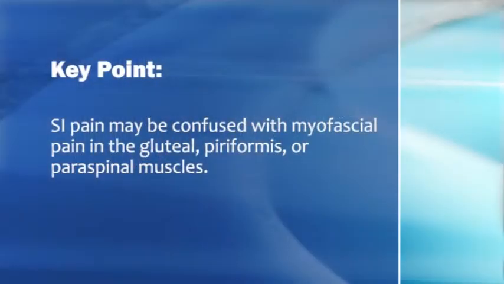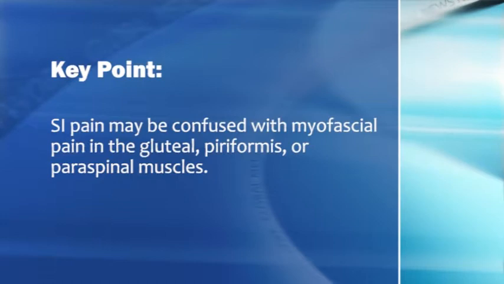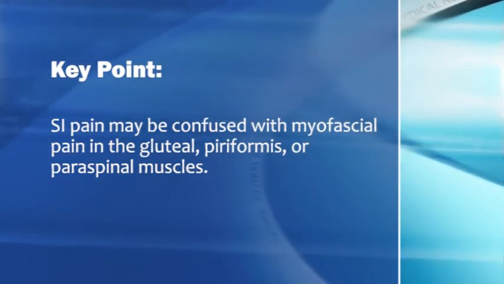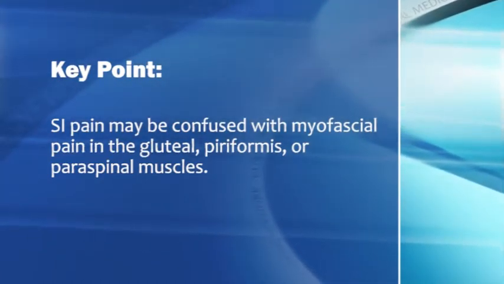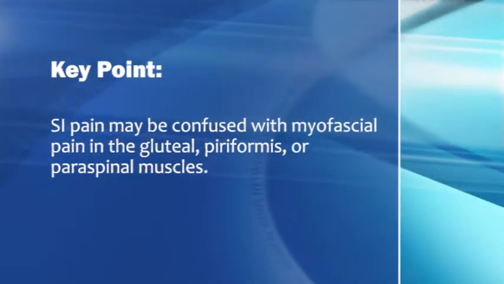And given the fact that things such as nerve roots in the back can cause pain just in the buttock or down the leg that can replicate SI pain, discs that have annular tears can cause similar pain in just the buttock and occasionally down the leg. Muscular pain in the buttock or the back can cause pain in the buttock or down the leg. Facet pain can be referred down the leg, such as Dr. Bogduk's illustrated that for us in the past. All these things can cause pain in the same location as SI joint pain.